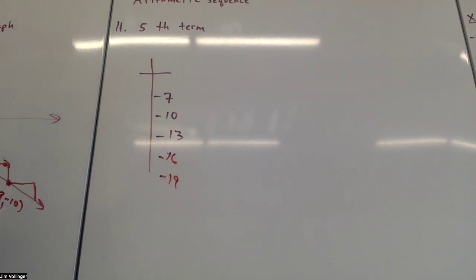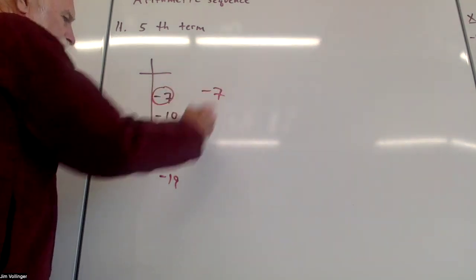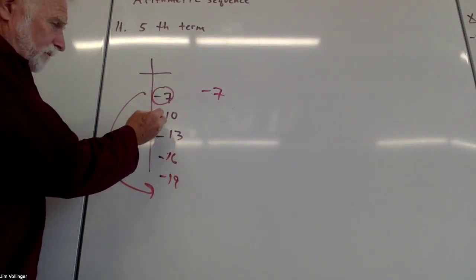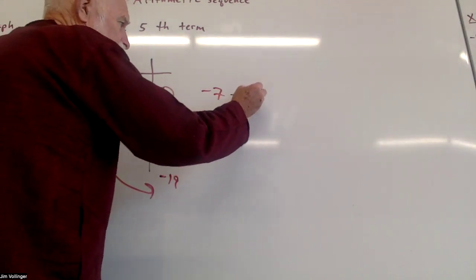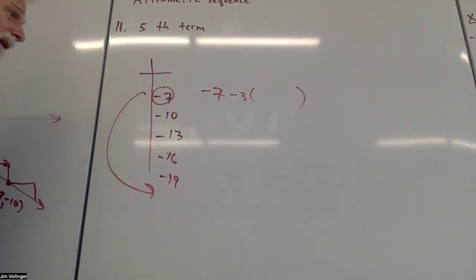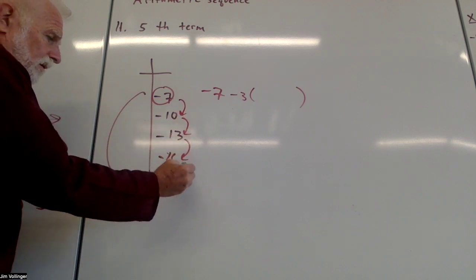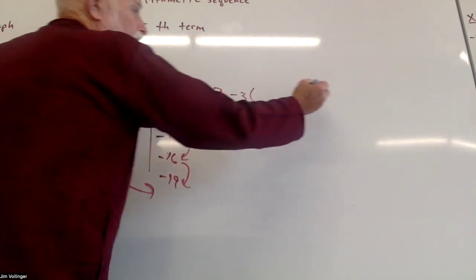Right? But we're going to have sequences that have a lot more numbers in them. And we're not going to count by hand like that. But if this is your first term, -7, how do you get to -19? Well, it looks like you got to figure out what's called the common difference. And the common difference is -3 times, how many times did I do it? 1, 2, 3, 4, which is the 5th term, right?